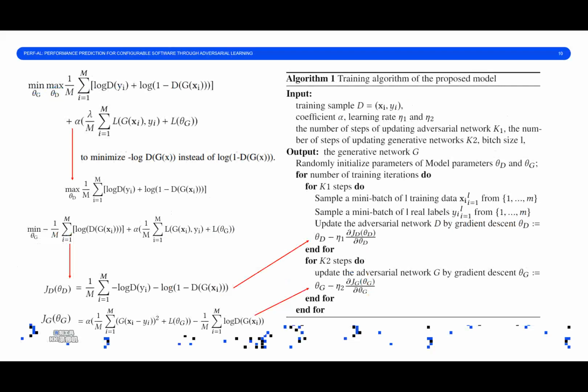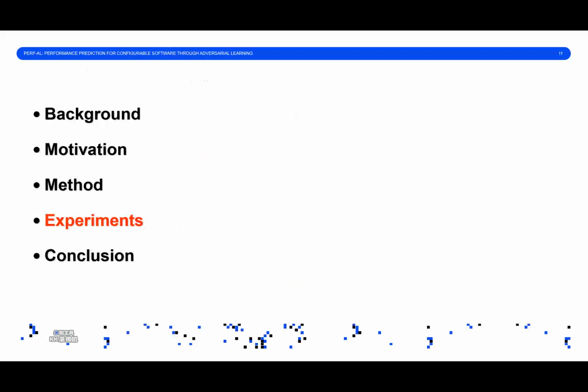So this is our algorithm. In our algorithm, we use negative log D(x) instead of log(1 minus D(x)). Then we first train the D network and then train the G network. This is inspired by GAN in the number of training iterations.